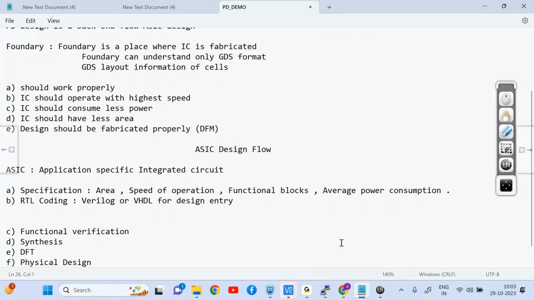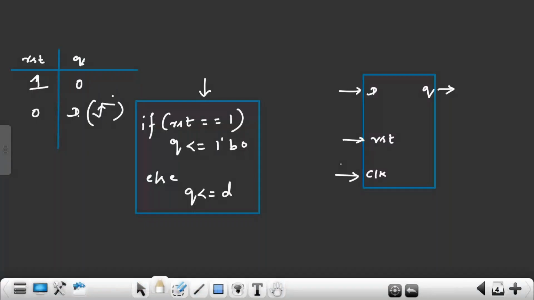We will implement any circuit by using behavior, like this behavioral modeling. So you can use if statement, case statements, loops. All these are supported in Verilog. So by using all these things, you can implement the behavior of a circuit very easily by using RTL.